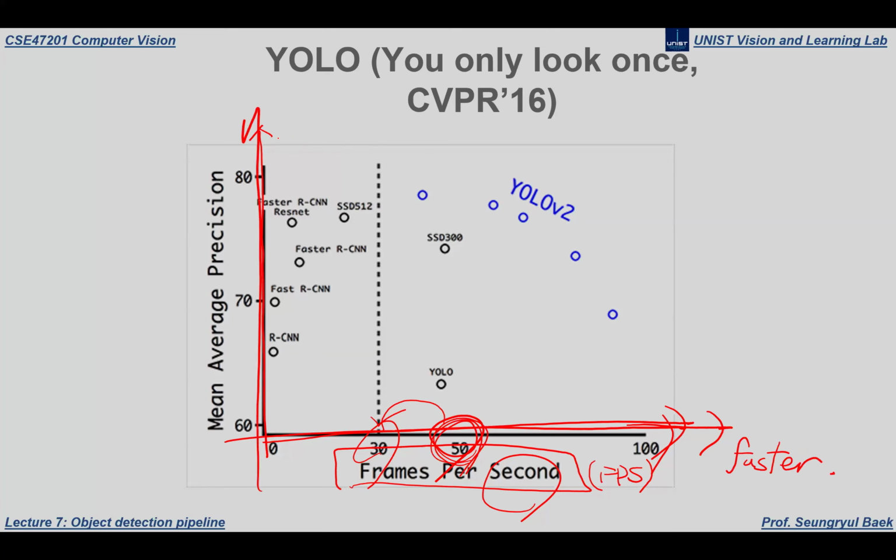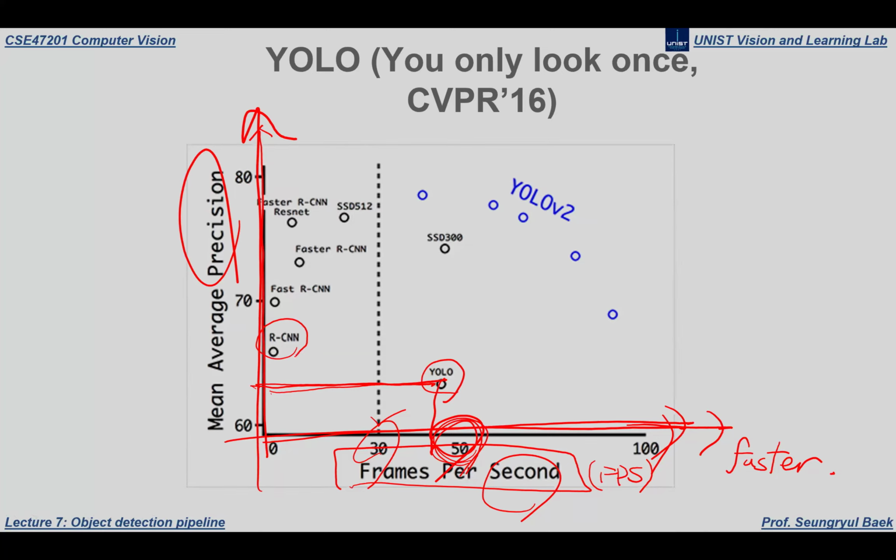Here, the y-axis denotes the precision, which is the accuracy of the algorithm. YOLO is here. It is faster and efficient, but their performance lies only here, so it is fast but the performance could be limited.